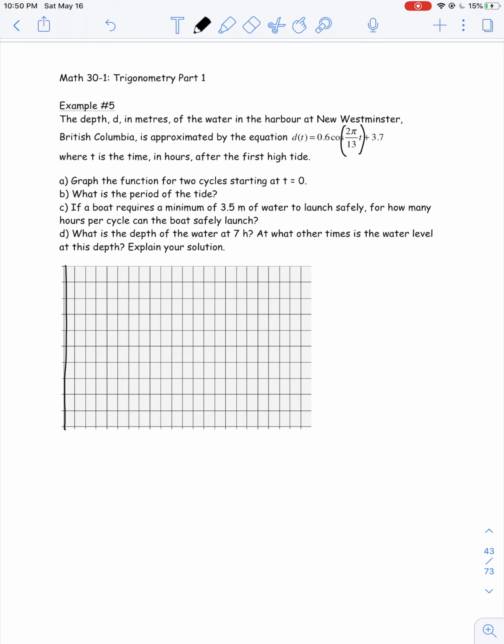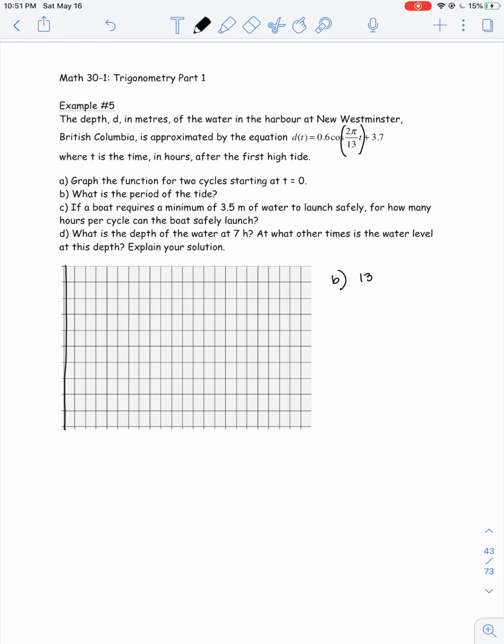And then we also want to look at the period, because for B, if we solve for the period, that can tell us, if we want to see 2 cycles, how long our x min and max should be. Okay, so 2 pi over 13, if we look at the bottom number, 13 is how long our actual period is.